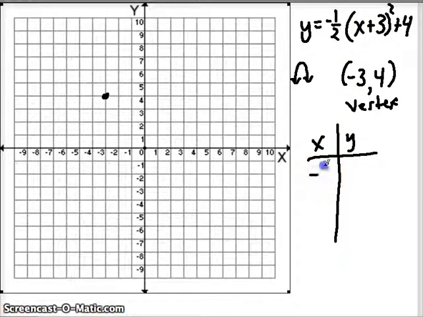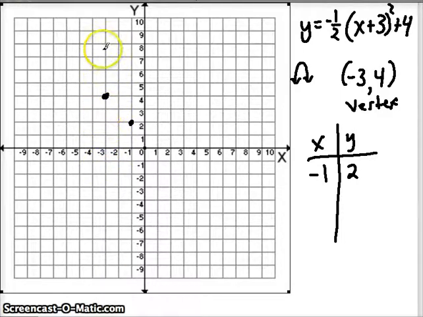Let's try that. So if I plug in -1 for x, I get positive 2, and then if I square that, I get positive 4. And if I take a negative half of that, that's negative 2, and negative 2 plus 4 is positive 2.